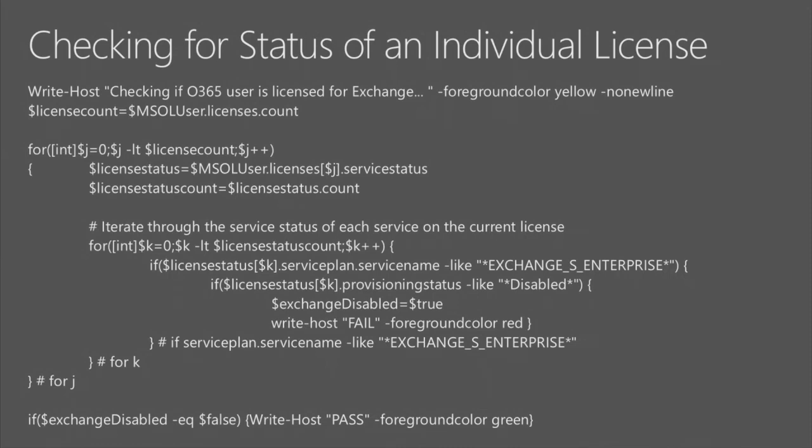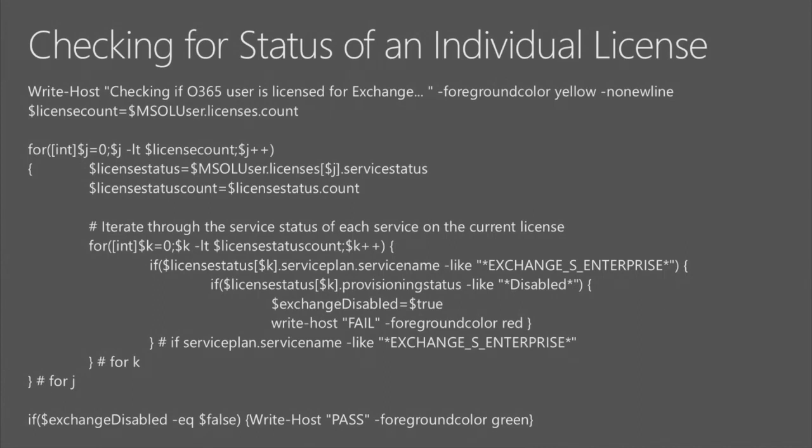And this was because I needed to be able to tell if Exchange was disabled on any license, not just E3. I could do E3, that was really easy, but what if they had E1 and they were unlicensed, which is kind of a bad example because I don't think there's anything else on that one, but whatever, you can get the concept. I wanted to make this future-proof. So go inside there. Okay, license status.